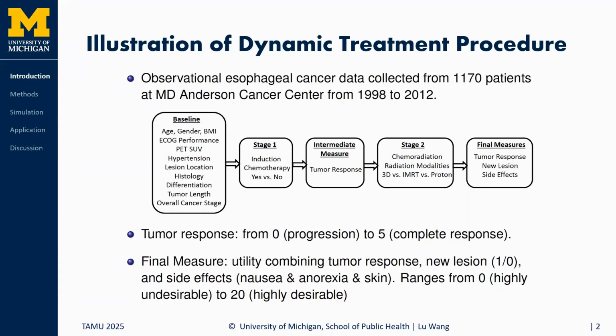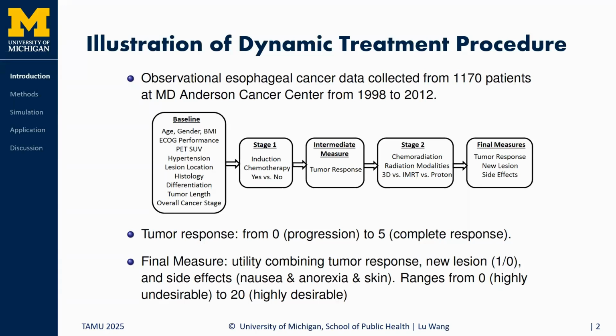And what do we use those variables for? For the physicians, very obviously they will use this information to decide what kind of treatment they will offer, right? So in this case, their first stage treatment will be induction chemotherapy, yes or no. And after the patient is offered the treatment, you don't stop there, right? You will ask the patient to come back, you will keep observing the patient.